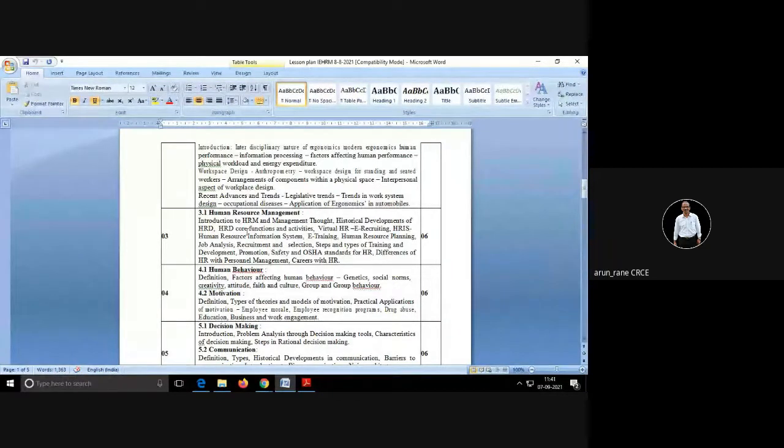What is the introduction to HRM, management thought, historical developments, virtual HR learning, HRIS. Then what are the safety and OSHA standards for HR? Differences of HR with, see, usually people think that human resource and personnel management are both the same, but that is not so. It is different.